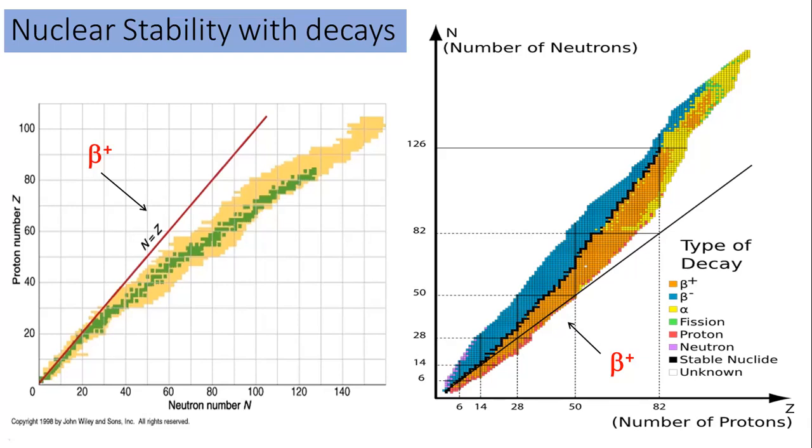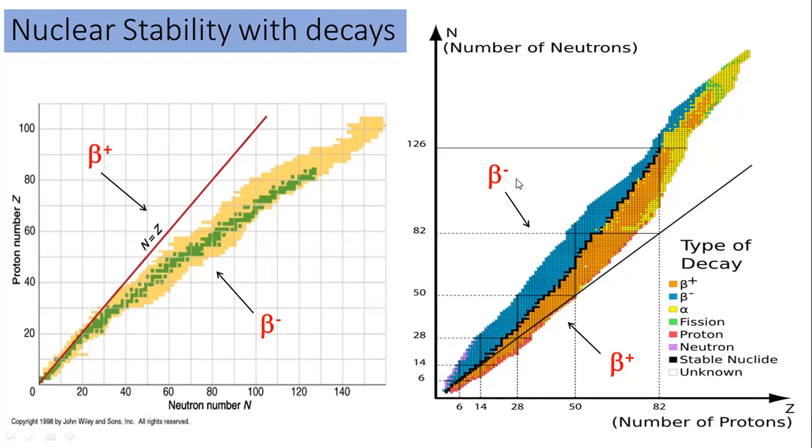So now what would happen in case of the negatron? Negatron means if the nuclide is present above the stability line, and when I say above, you must mention the axes: the number of protons on the x-axis and the number of neutrons on the y-axis, because here the case would be reversed, and you can explain it either way.